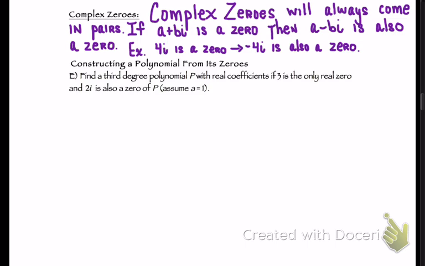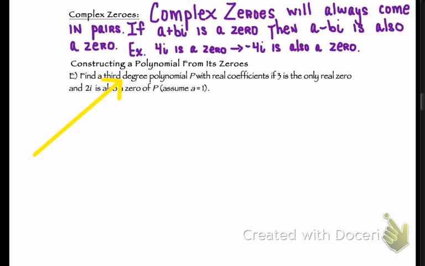I ask you to find a third degree polynomial. So I know when I am at the end, this thing better look like x cubed. If it's third degree, it's got to be x cubed.